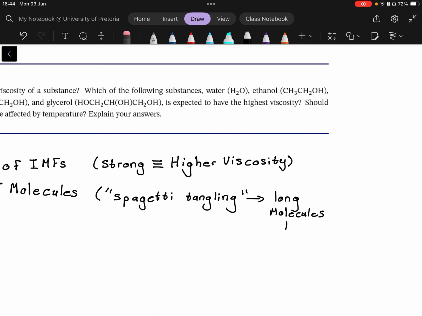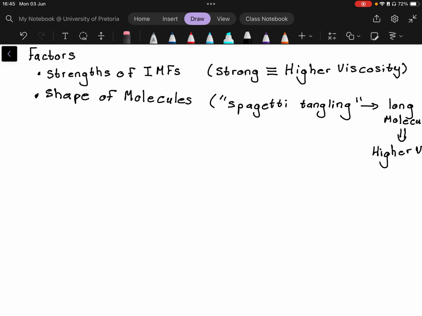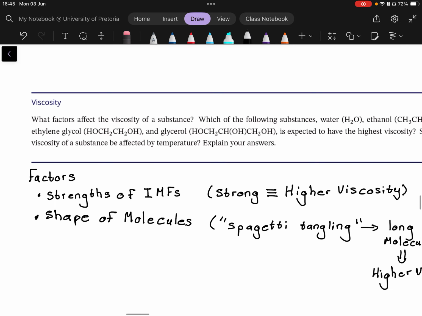These long molecules, because they tangle and entangle themselves, will have a higher viscosity. Okay, so those are two things: we're looking for intermolecular forces and we're looking for the shape of molecules.